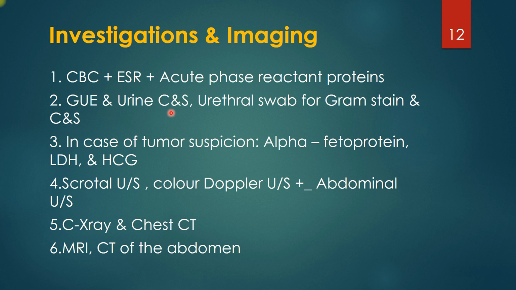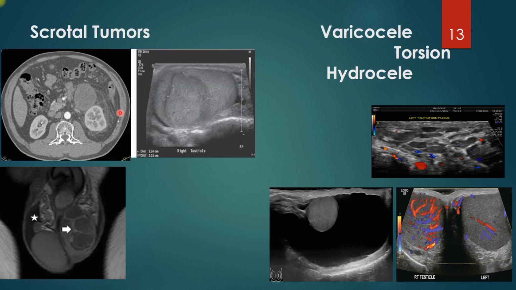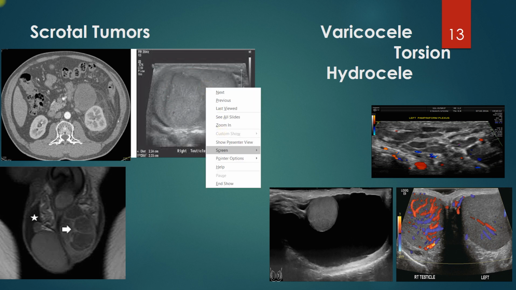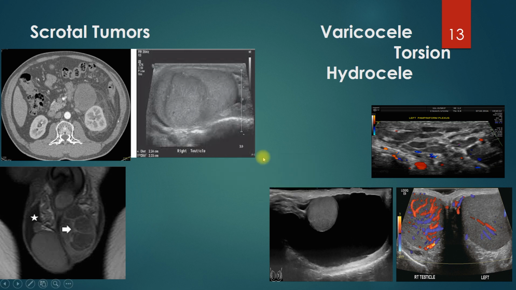And the CT is with contrast, and if the patient has sensitivity to the contrast, then you can do an MRI. These pictures show the mass.